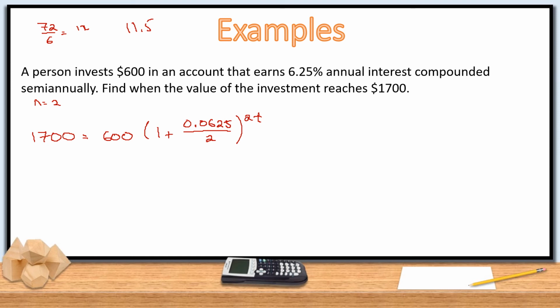Let's find out when this is going to happen. So we've got 1700 on one line, and we've got 600 times 1 plus parenthesis 0.0625 divided by 2, close parentheses. So I've got 2 closings, and to the power of parenthesis 2x.